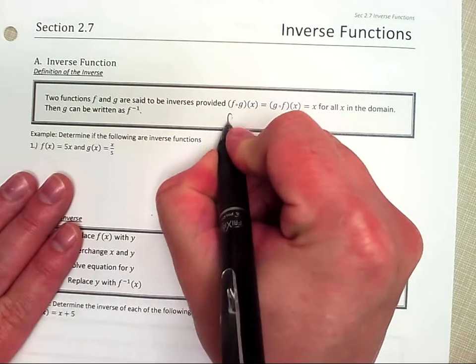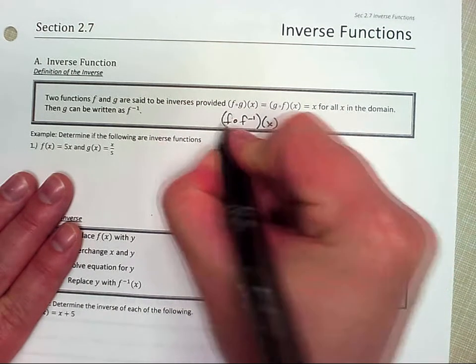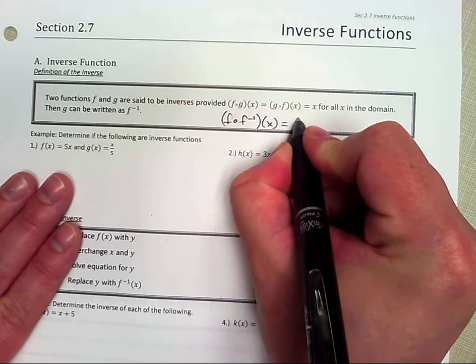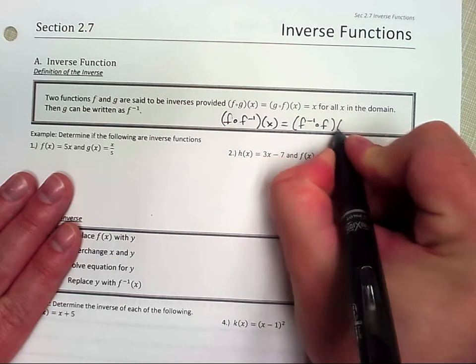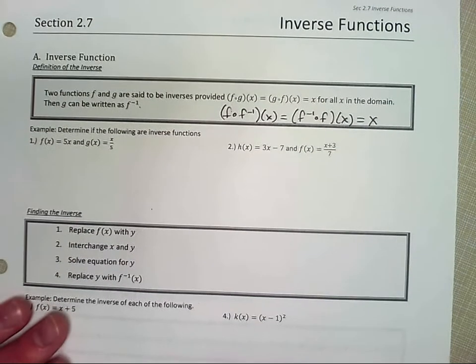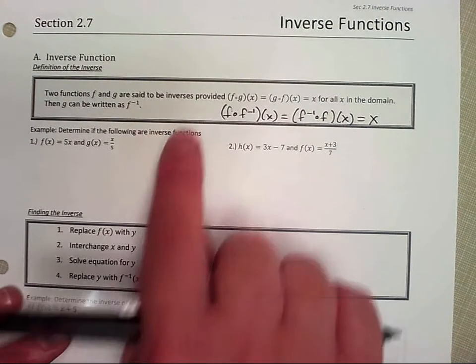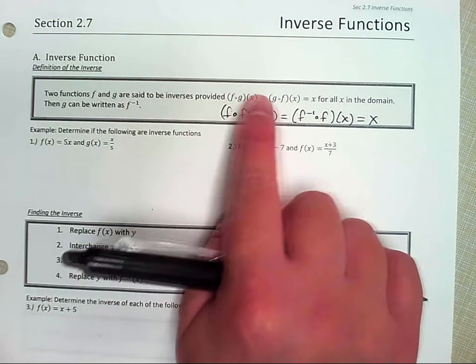Another way to say this is f of f inverse of x equals f inverse of f of x equals x. So that's the definition of an inverse. Functions are inverses if the composition in any order is equal.